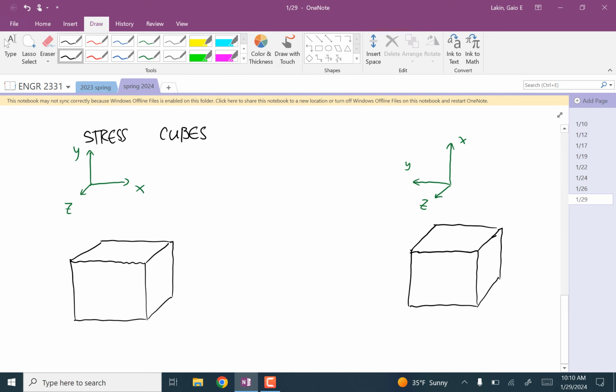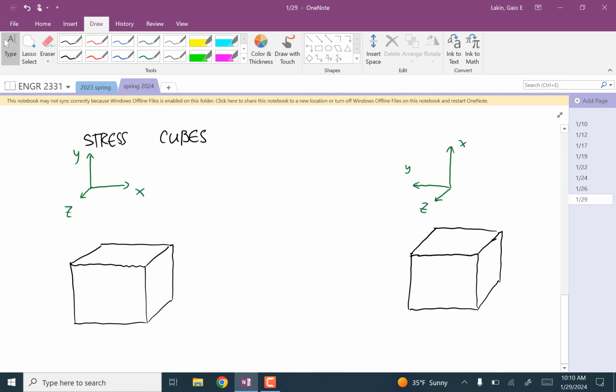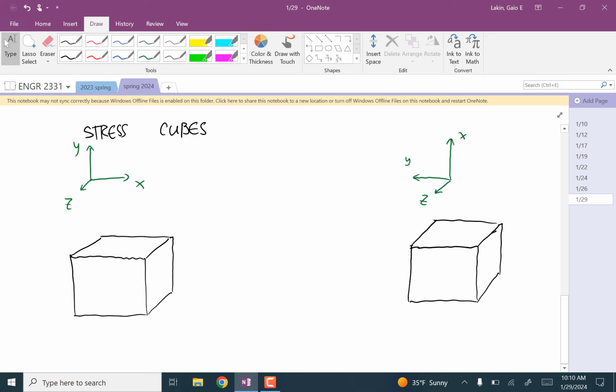What used to be the positive y is now the positive x, and the z's are going to be the same. Okay, so based on the original stress tensor, let's write these out. So on the x face, we have 5, 0, negative 1. So 5, 0 in the y direction, and 1 in the negative z.